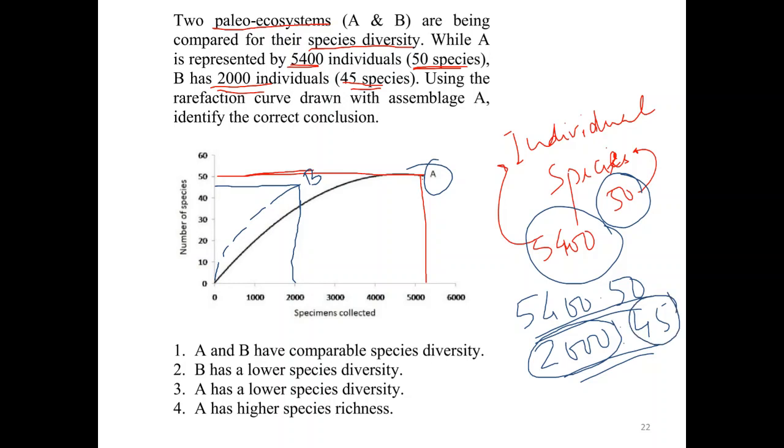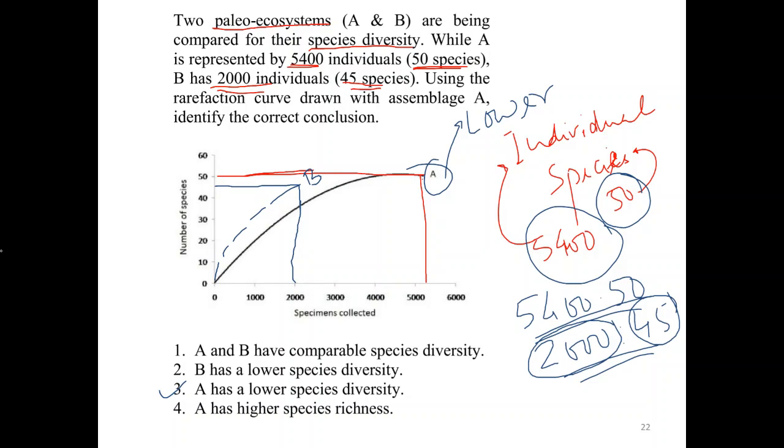As a result, what can we say? We can say that when we compare the two paleo ecosystems and these two rarefaction curves, A has lower species diversity than B. So what is the correct answer over here? The third one. I hope you understood this.